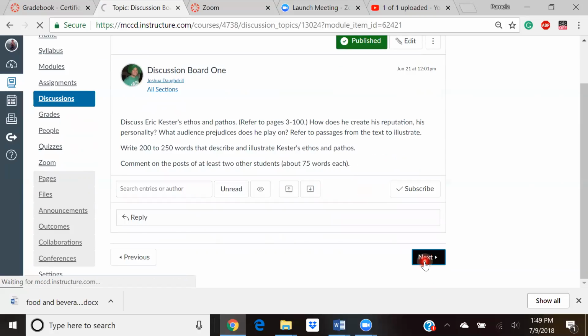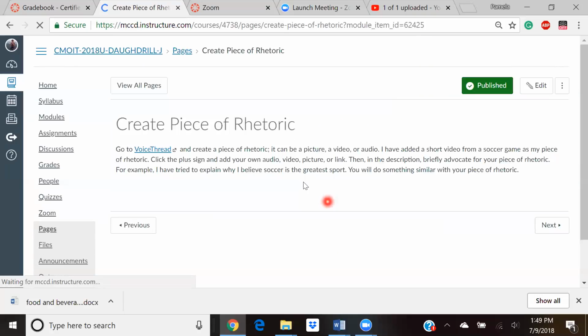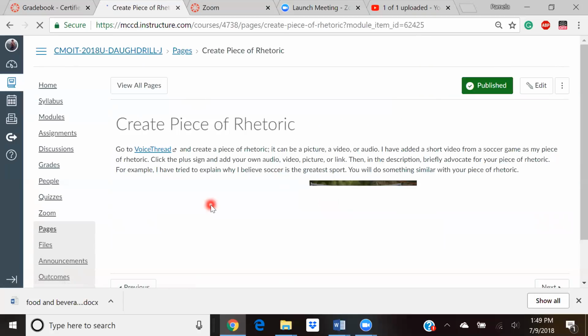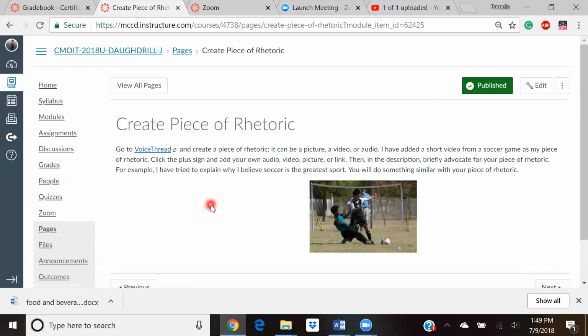Okay, next should be not the discussion board. So this is a page. Create a piece of rhetoric, go to VoiceThread and create. I love it. It tells them what they're going to do. You've given them clear directions.